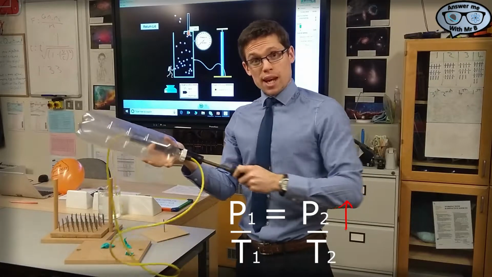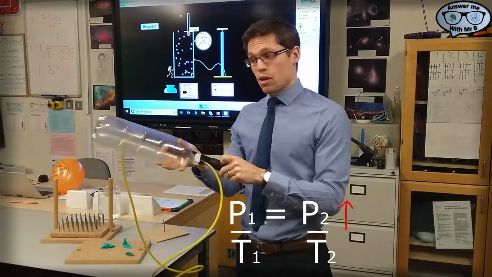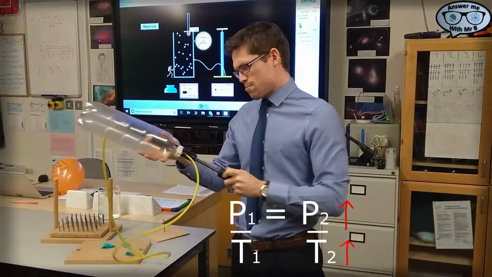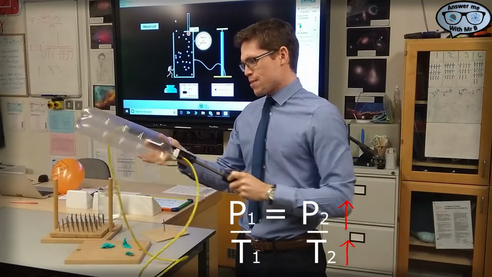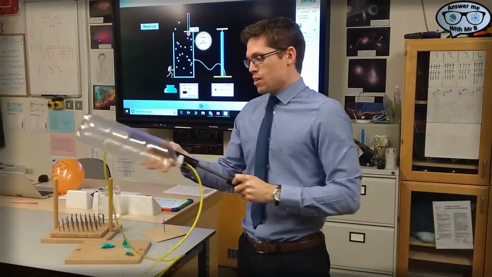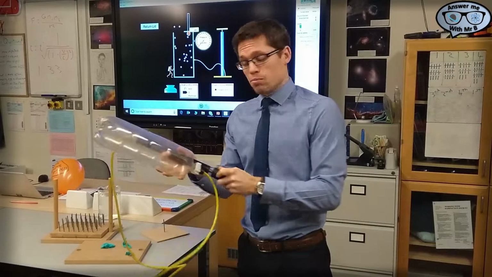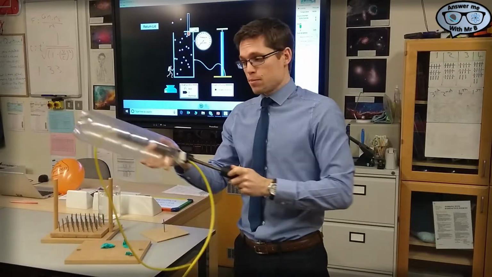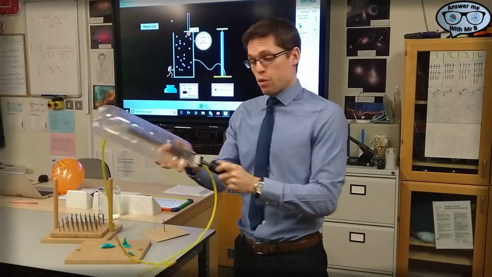By increasing the pressure, I'm going to increase the temperature, as you saw on that simulation. What that does is it means that the alcohol will actually start to vaporize. It'll turn into a gas, and the gas will spread out throughout the bottle.